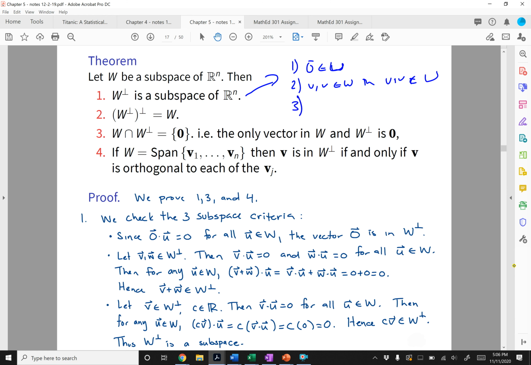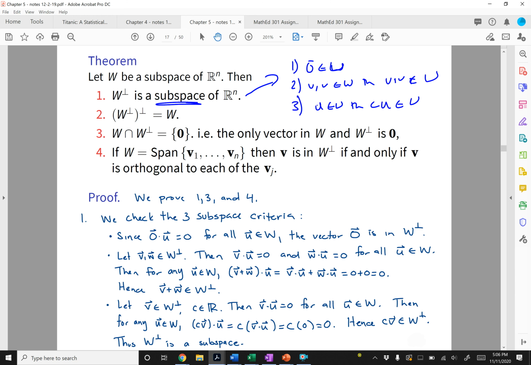Three, if U is in the subspace, then C times U, where C is a constant, is an element of the subspace. By multiplying a vector by a constant, if it's already orthogonal to a plane or to a line, it's still going to be orthogonal. So, okay, that's what that first one's saying.